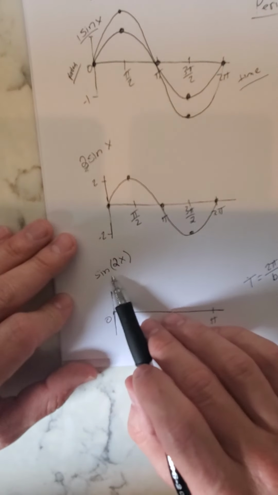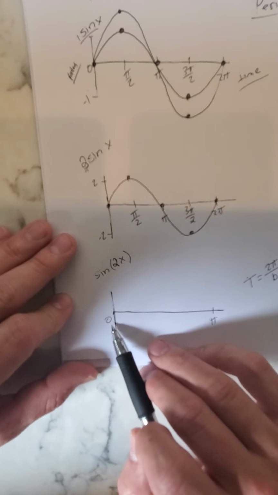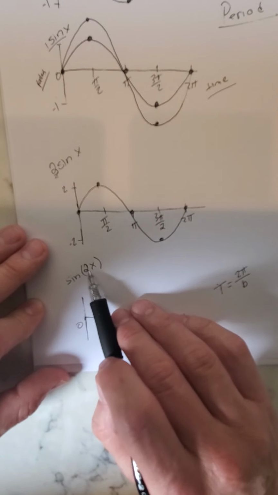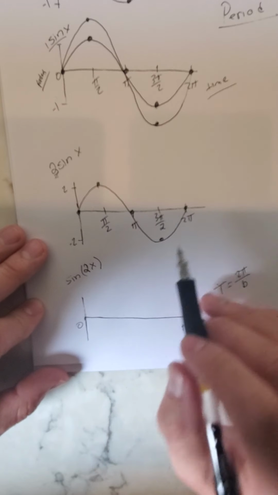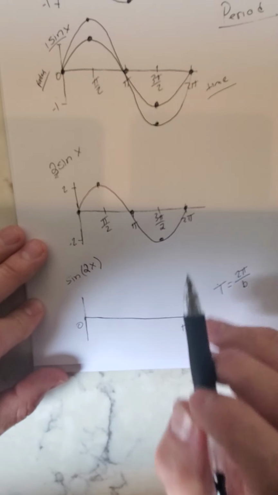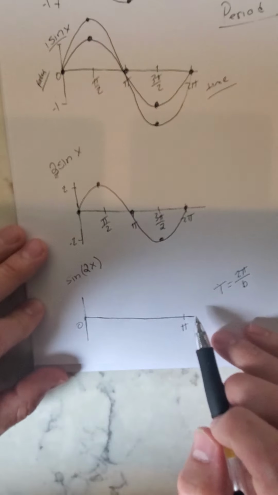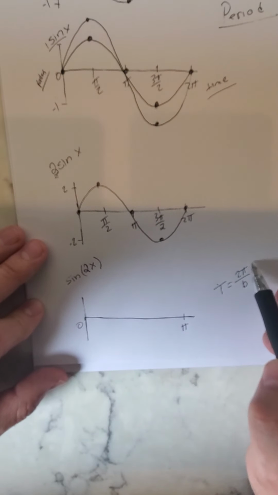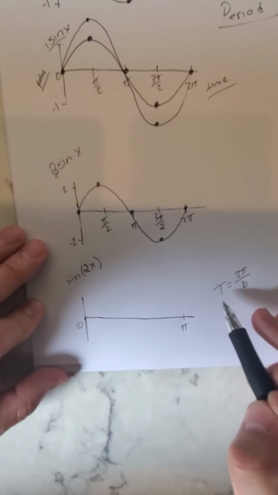So we have sine of 2x, and we're running twice as fast. If we're running twice as fast, it takes us half the amount of time. So half of 2 pi is pi, right? These are nice whole numbers, so it's easy to see. If you get confused, you can just use this equation here.